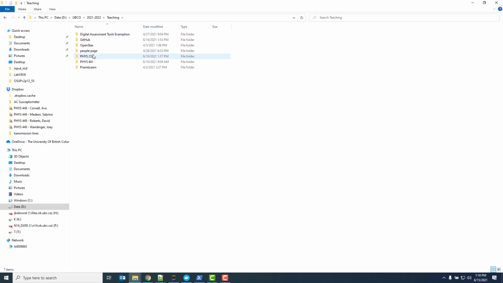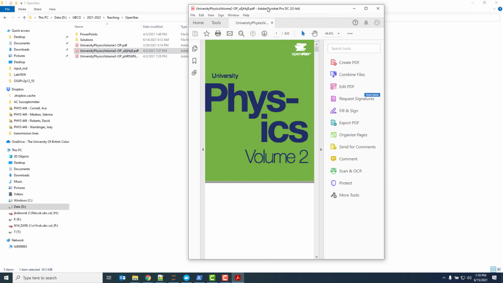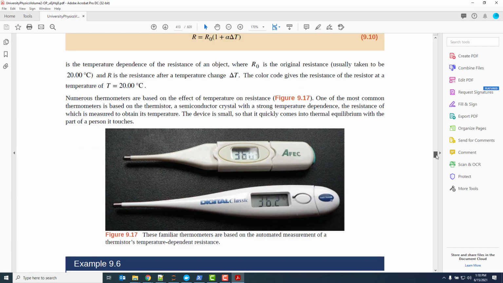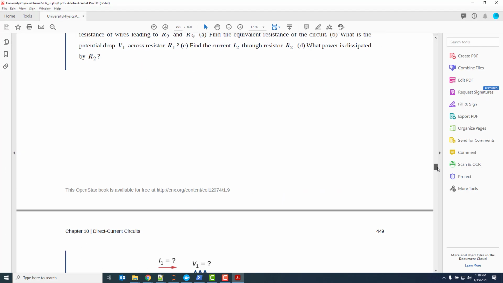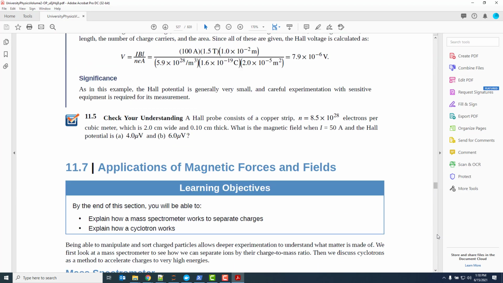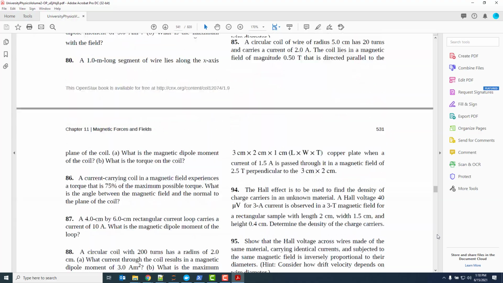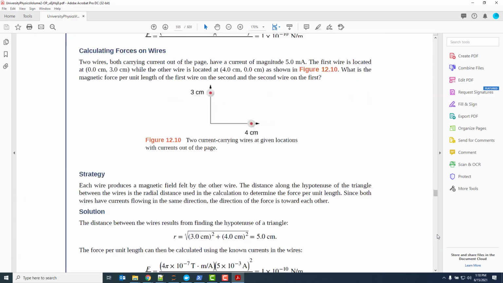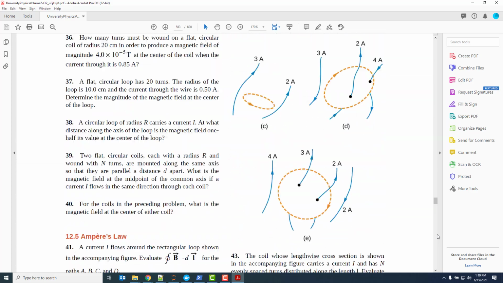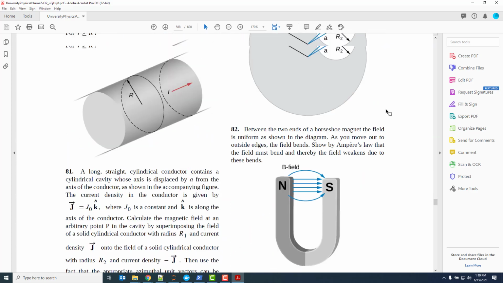Let's open this OpenStax Volume 2. Bring it over here. And we'll try to find Chapter 12. Okay, so we're getting close here. There's Chapter 11 questions. Here's Chapter 12. All right.